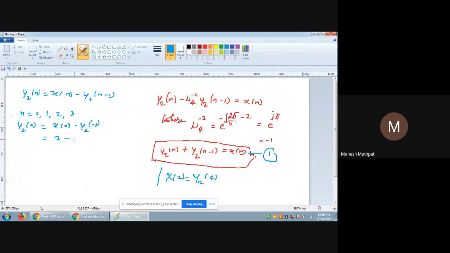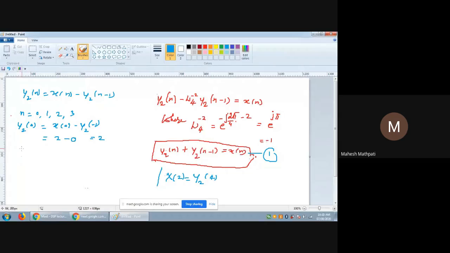As I have given you the condition, the initial values are 0. So this will be equal to 2. Understood? How I have calculated the value of y2 of 0? Any confusion here? No, sir.